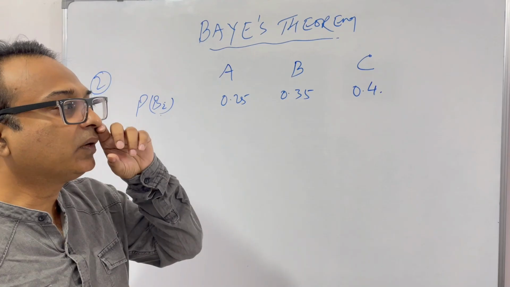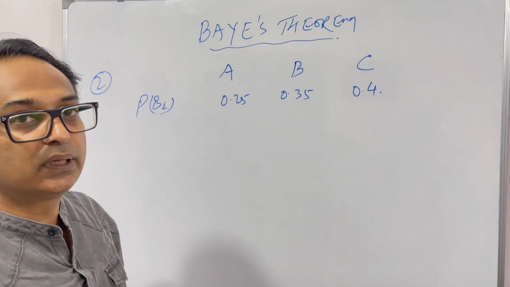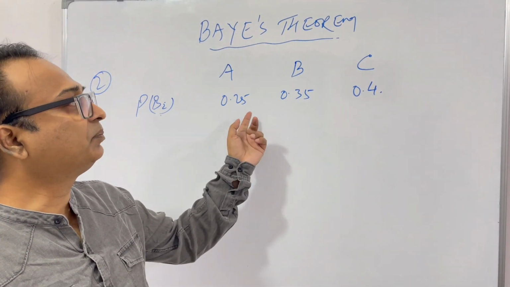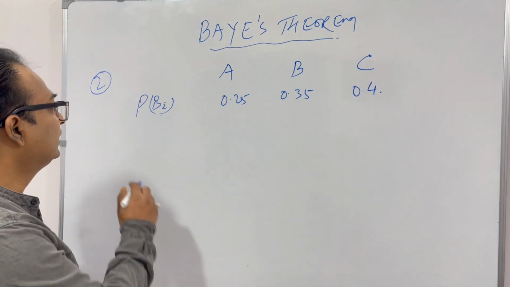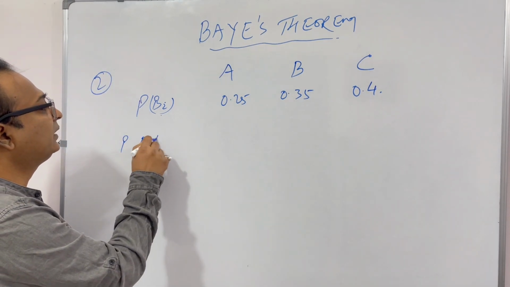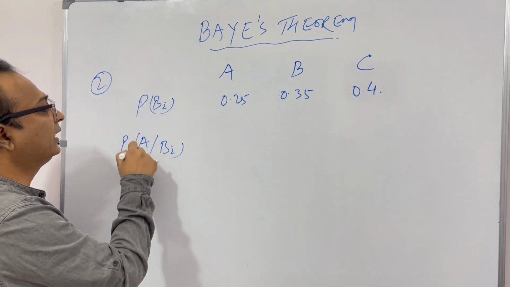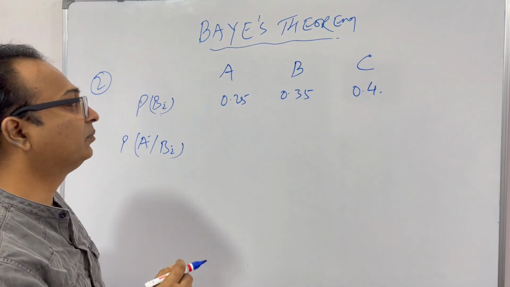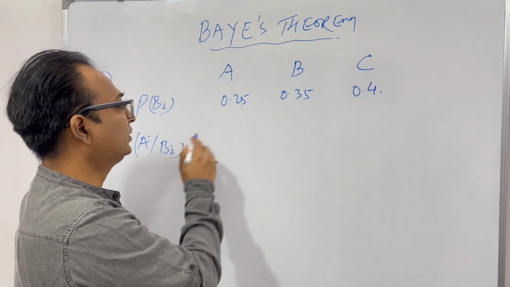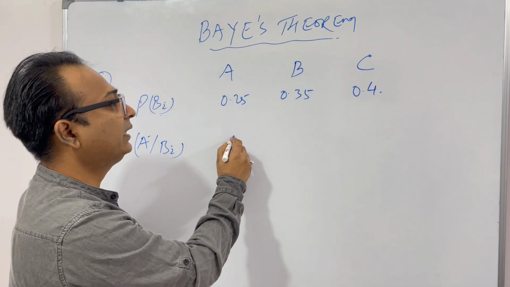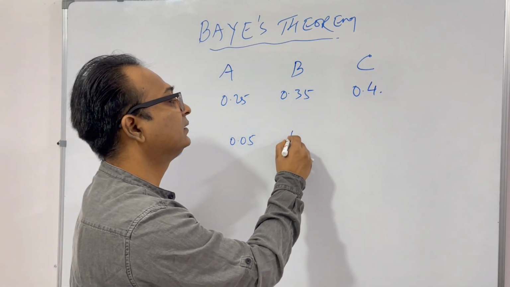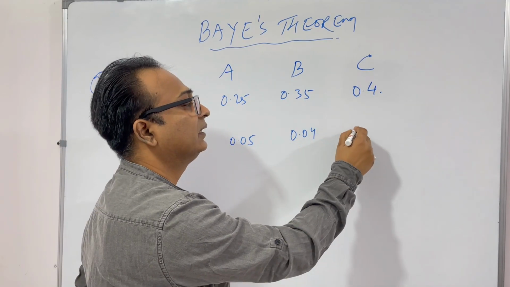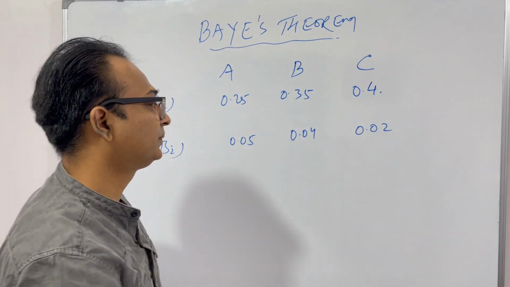The probability of getting a defective bolt from A is 5%, from B is 4%, and from C is 2%. So we get, when it has been produced, the probability is 0.05, this is 0.04 and this is 0.02.